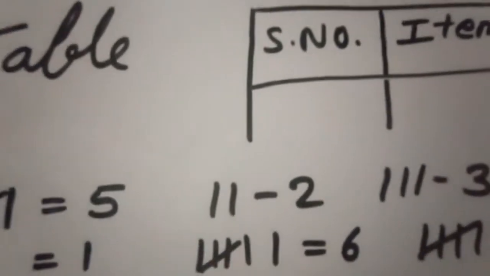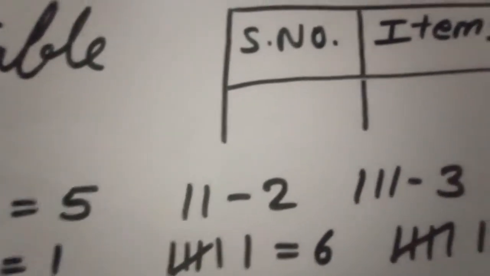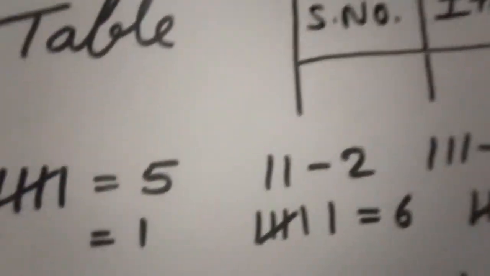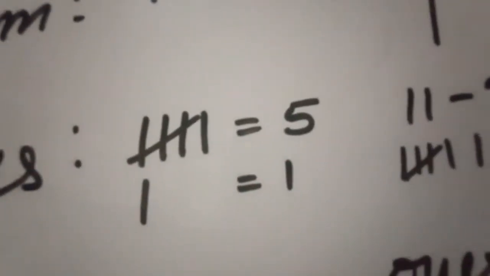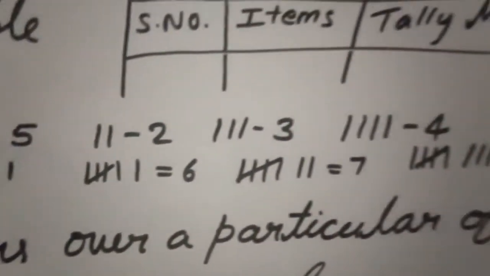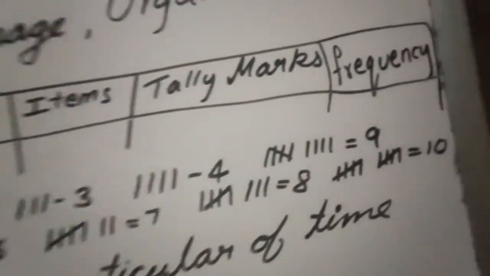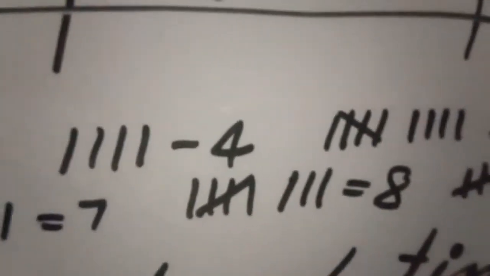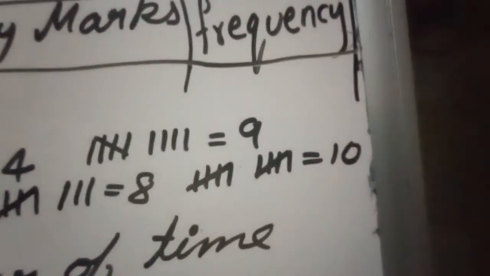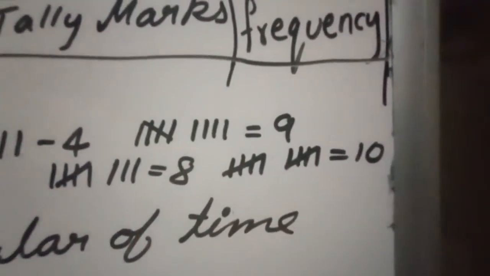If it is 2, we represent 2. 3 standing lines, 4 standing lines. The fifth one will be in this form. Next, the sixth, seventh, eighth means one group, and the ninth, tenth, you will get 2 groups of tally marks.